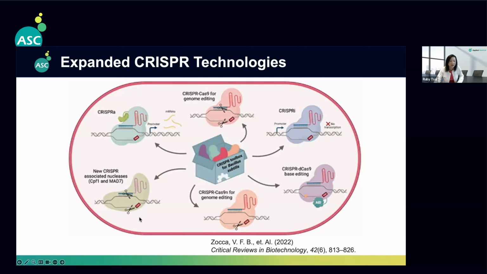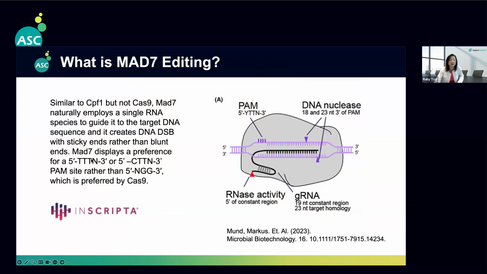And then another thing I want to talk about is these meganucleases, especially Mad7. Okay, and Mad7 belongs to Inscripta, the company, and Mad7 is different from Cas9 in that Mad7 employs a single RNA to guide it to the target DNA sequence.